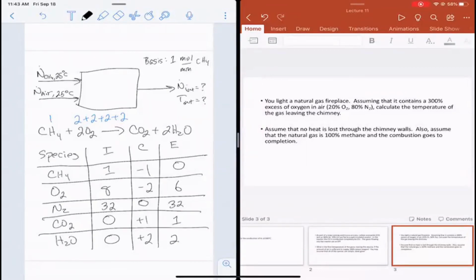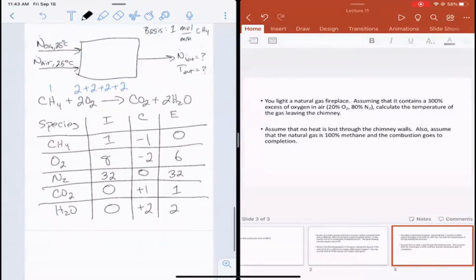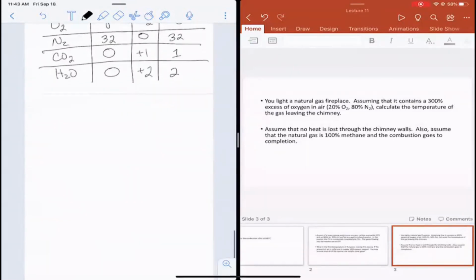And our energy balance should be exactly the same as it was in our previous problem, because we have an adiabatic reactor where we're not doing any work. It's operating at steady state. So we get to the same place we were a second ago: our energy balance is 0 as the sum of the enthalpy out times the flow rate out minus the sum of the enthalpy in times the flow rates entering the system, okay?